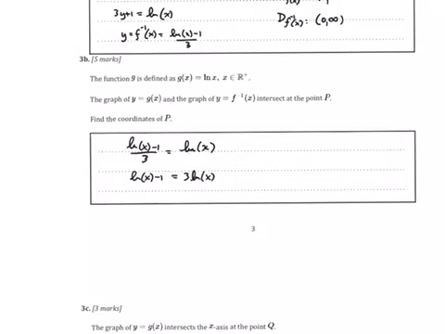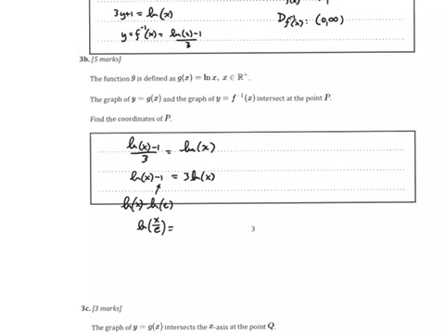And then I'm going to do a little something here. I don't know if it'll work out very well, but let's do it. I'm going to use properties of logs. And 1 here is actually equal to the ln of e. So I have ln of x minus ln of e, which is equivalent to ln of x over e.